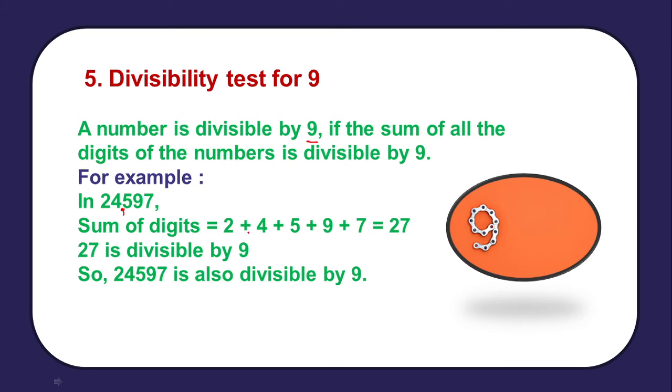So go for adding the digits: 2 plus 4 plus 5 plus 9 plus 7. We got 27. And now we know 27 comes in the table of 9, that is 9 threes are 27. So simply we can say that 24,597 is divisible by 9.